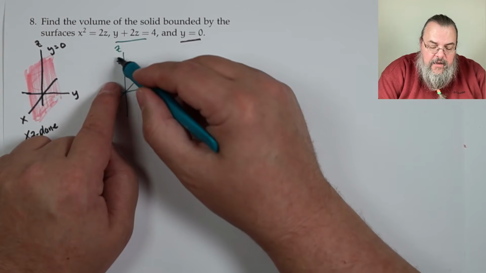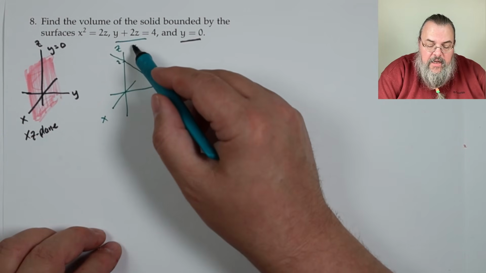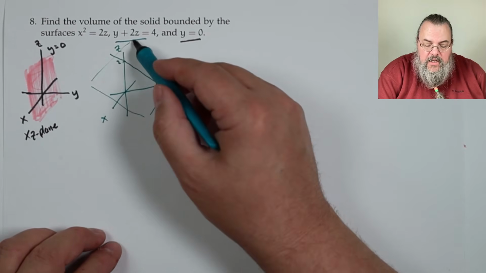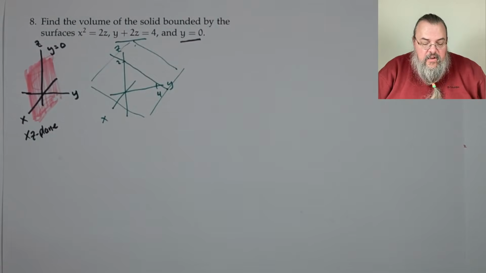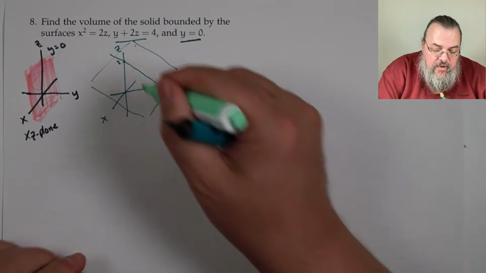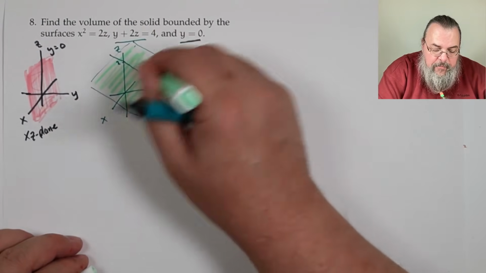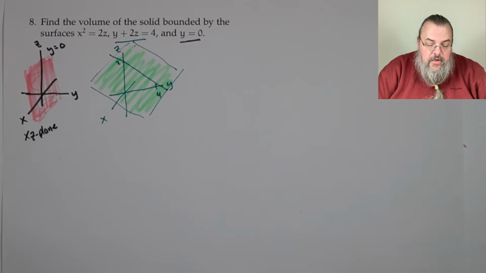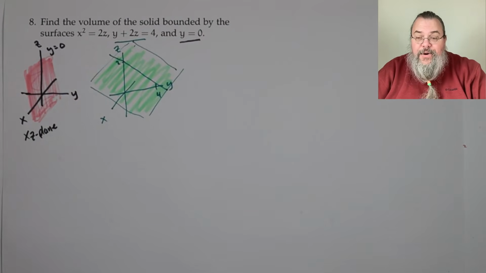It'd be a line. But now you copy that in the x direction. So what you get is a plane, but it's been slanted, turned on its side. And so y plus 2z equals 4 is this sort of sideways plane. All right. Well, good.